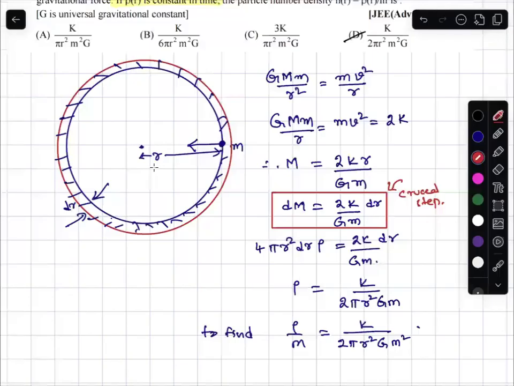Why is capital M variable? Can I ask you another question to counter your question? What is capital M? Mass of the cloud till that point. As the radius increases, it increases. That is why M is variable. Now you didn't hear properly. That's what I said at the moment when I was starting this question.